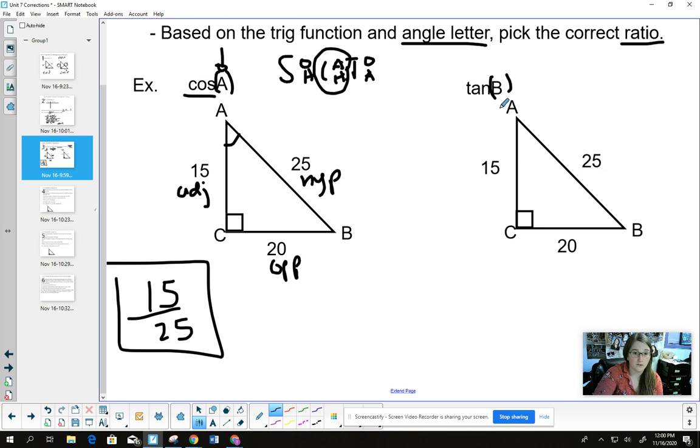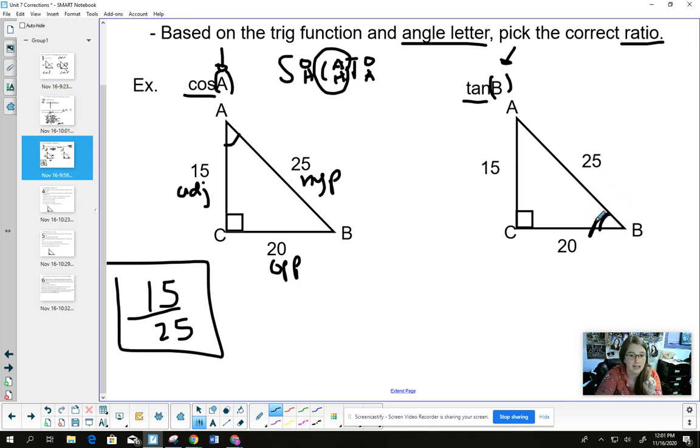Now notice, for this example, this is the exact same triangle, right? 15, 20, 25, A, B, C. The difference is the trig function is different, as well as the angle is different. So now that I'm looking here at B, my labels would change. So again, this is how you get the correct answers: label in respect to the angle.